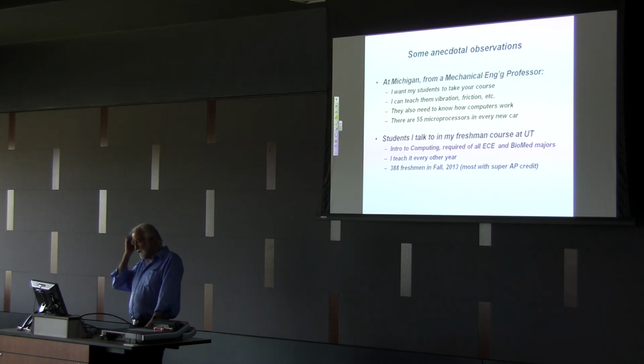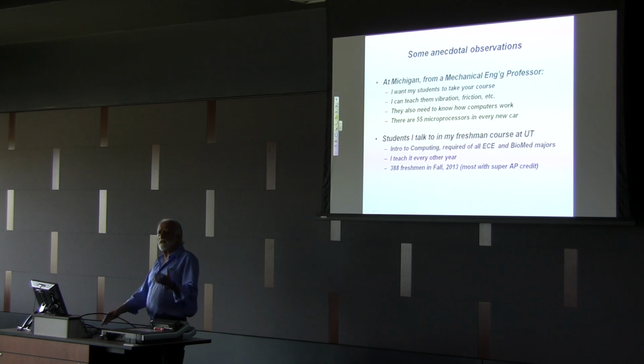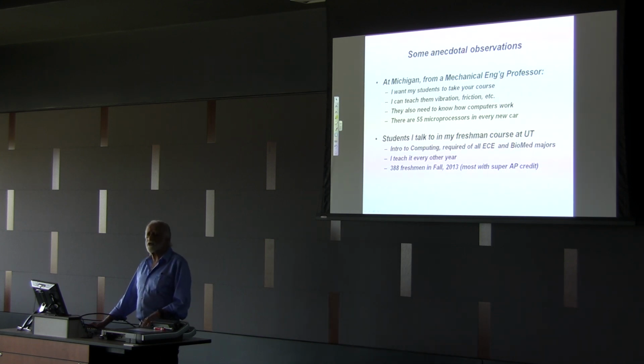So at Michigan, I'm a mechanical engineering professor. I want my students to take your course. Why? They can get away with taking a Fortran course, which was the course that mechanicals and civils, everybody other than EECS students, took. Michigan has computer science and electrical engineering in one big department, electrical engineering and computer science.